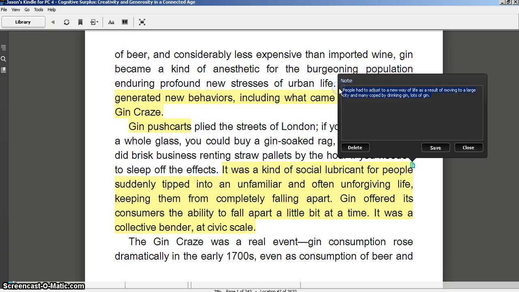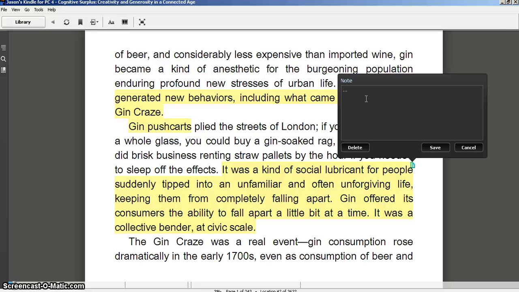So rather than write long notes, what I want to do while I'm reading is just keep those annotation ideas in mind. So this part of the text is people were suddenly tipped into an unfamiliar and often unforgiving life. I'm going to put an ellipsis because I already know that industrialization throughout time has caused big changes in the way people live, and that those require adjustments.